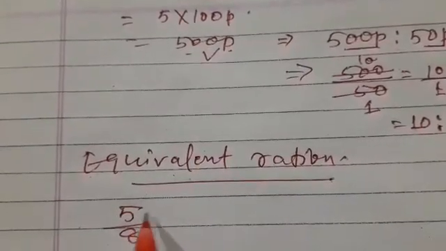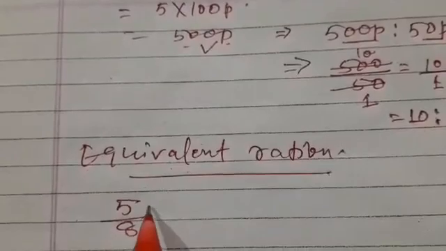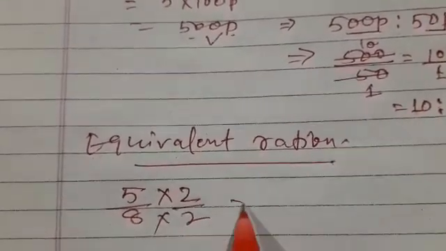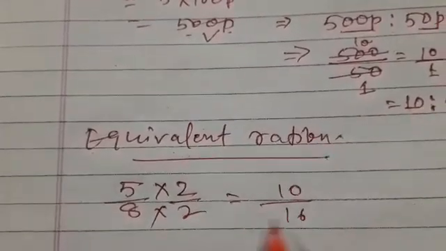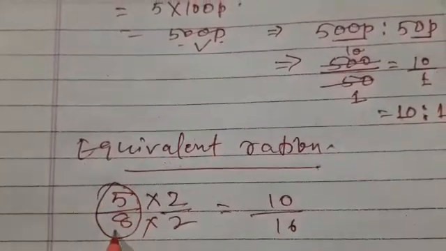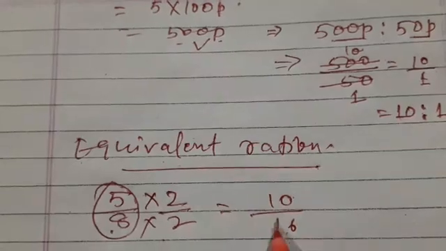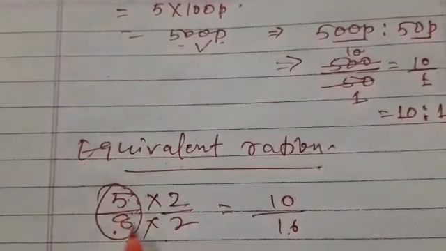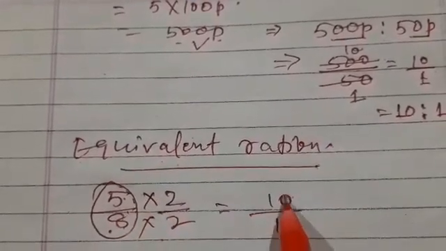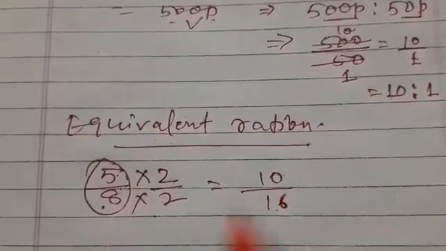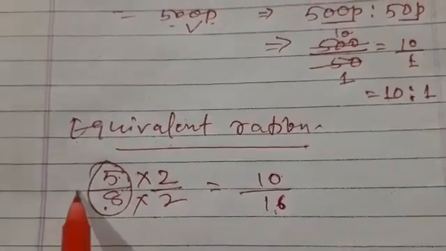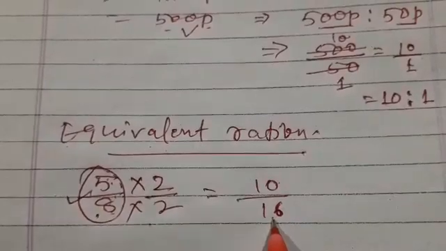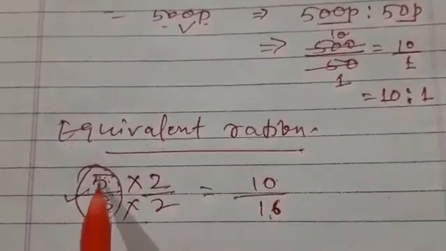When we multiply this 5 by 8 by the same number, 2 by 2, it becomes 10 by 16. So we can say that 5 by 8 is equal to 10 by 16, because we multiplied both numerator and denominator by 2. It is the multiplied form of 5 by 8, so we can say 10 by 16 is an equivalent ratio of 5 by 8.